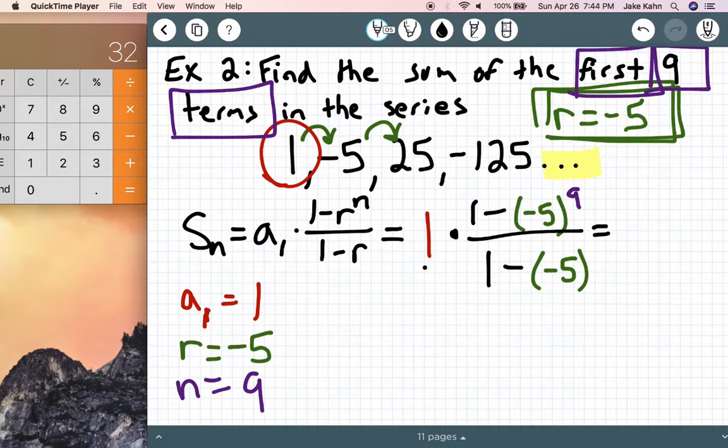Anything multiplying by 1 just stays the same, so I don't even need to write that 1 again. I'm just going to do 1 minus whatever negative 5 to the 9th power is. Be careful, it's going to be definitely a large number. Negative 5 to the 9th power is equal to, holy camole, such a big number. I'm going to actually need more space here. Let me go down below.